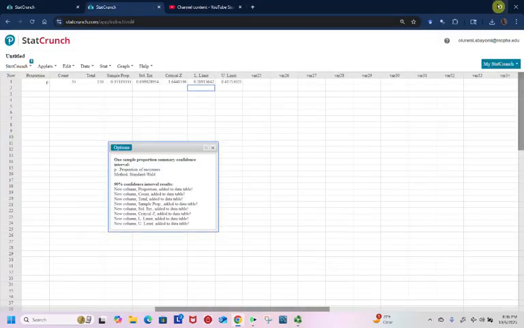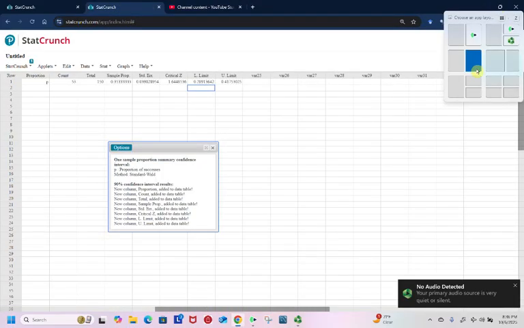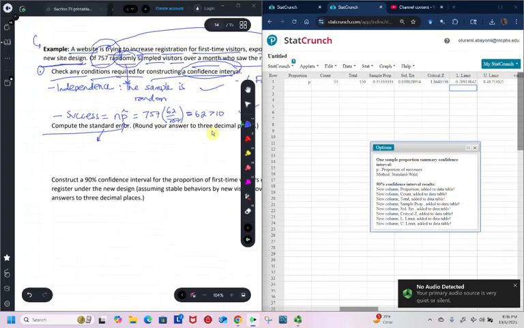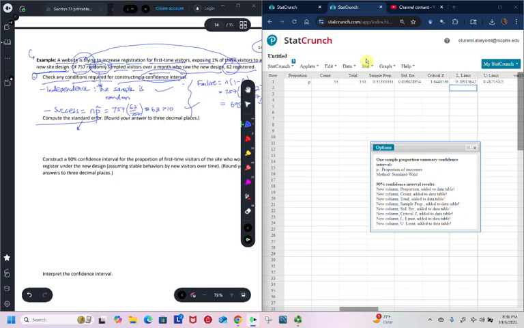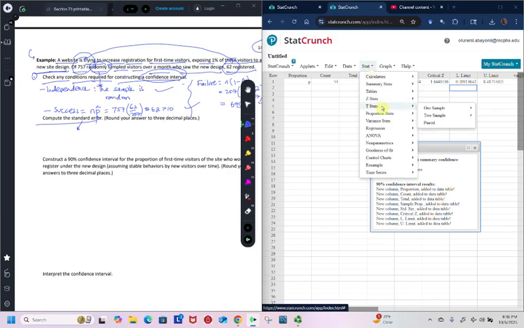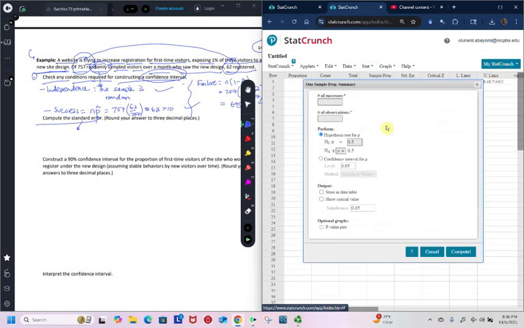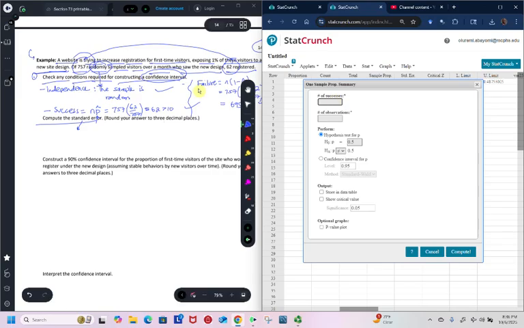I'm going to go to Stats, then population stats, one sample with summary. And the number of successes here is 62 out of 757.